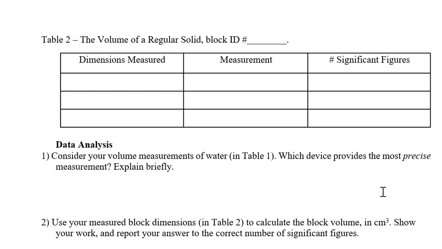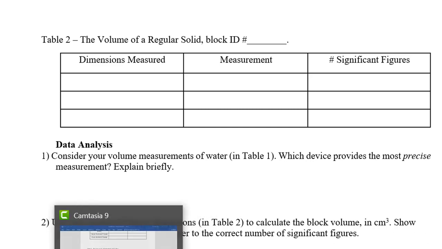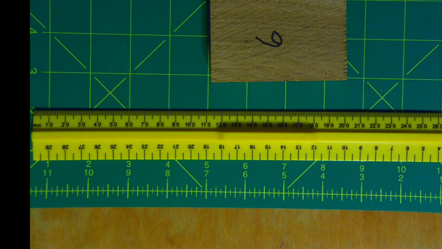Next, we'll be measuring the volume of a regular solid block, and we'll be filling this into table 2. So let's go ahead and take a look at the block itself. Here we're showing the block and the ruler that we'll be using.